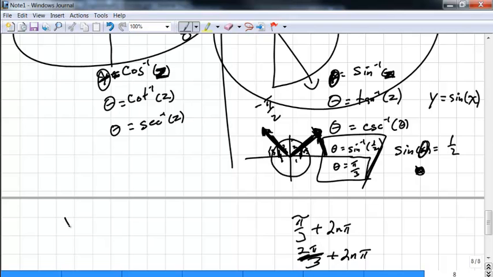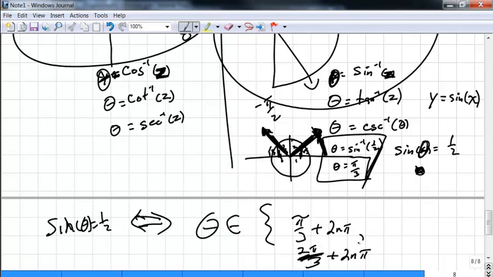So if we wanted to solve the equation sine of theta equals 1/2, then that happens if and only if theta is an element of this set: pi over 3 plus 2n pi, or 2 pi over 3 plus 2n pi, such that n is any integer.